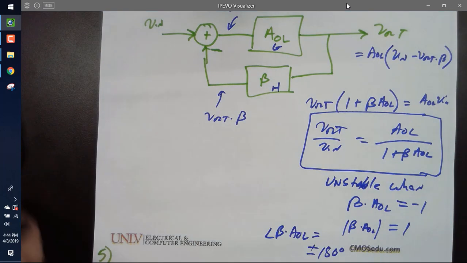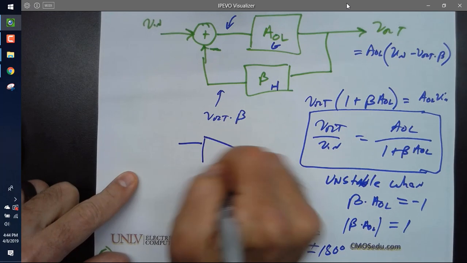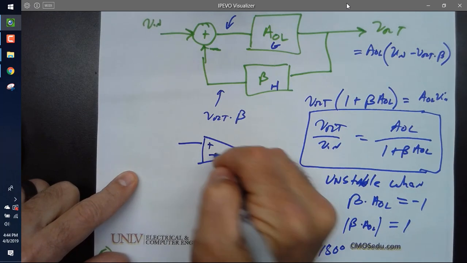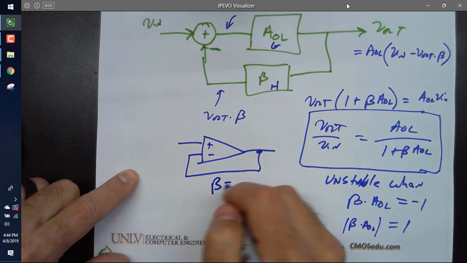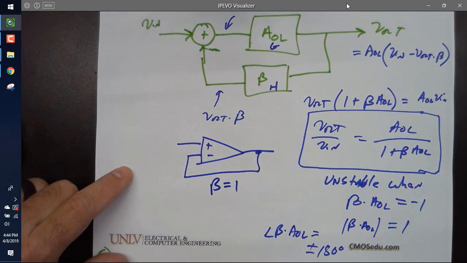And a simple example of a circuit that has a feedback factor of 1 is this. Everybody see that?